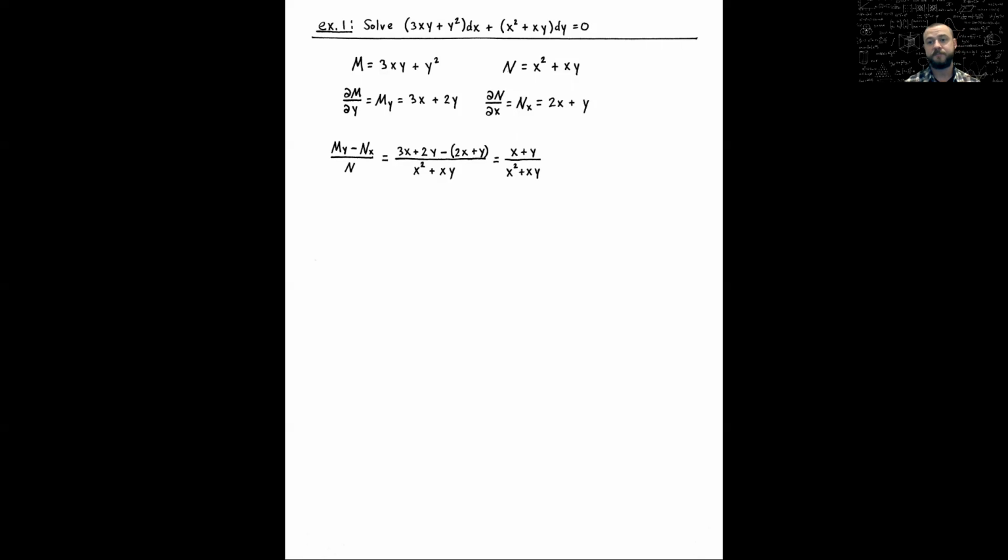And then we notice the end result, x plus y divided by x squared plus xy, that's not just a function of x. There's y's in there as well. Now be careful, this is going to happen a lot where you have something that looks complicated. Simplify it. I'll give you a few seconds if you want to pause to simplify that expression.